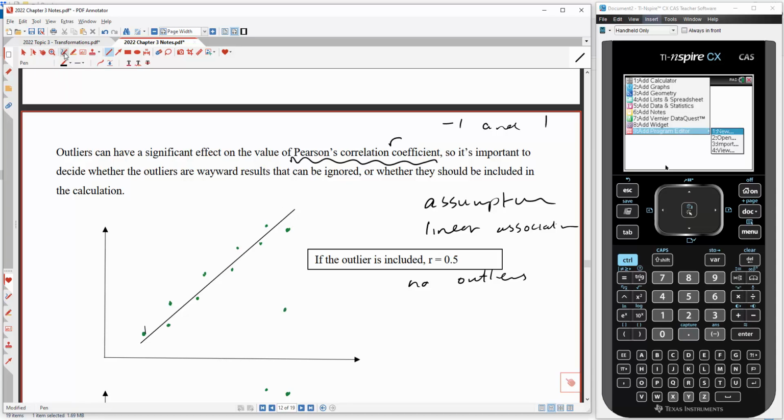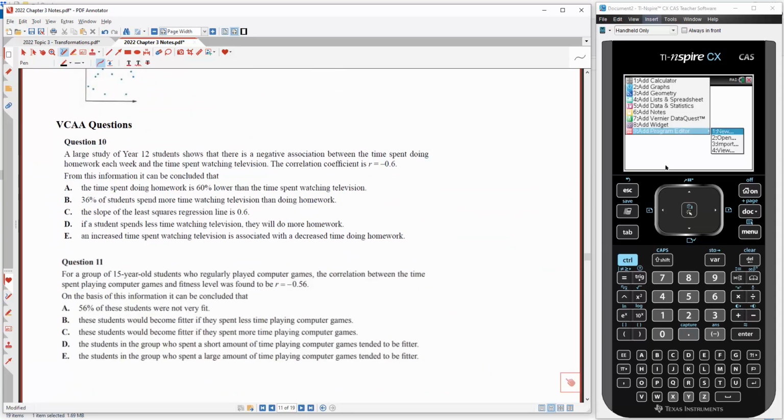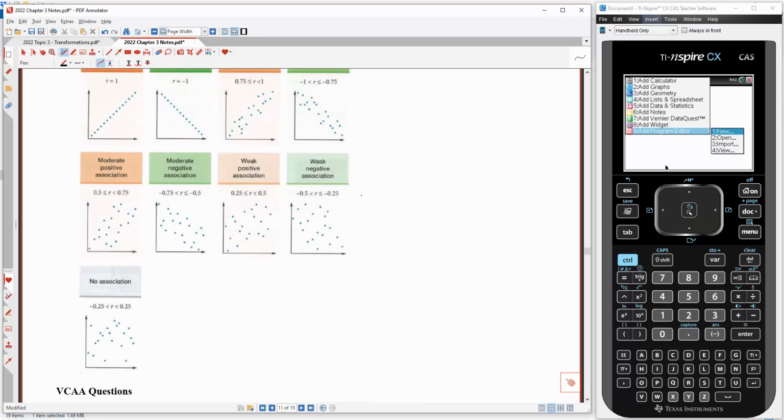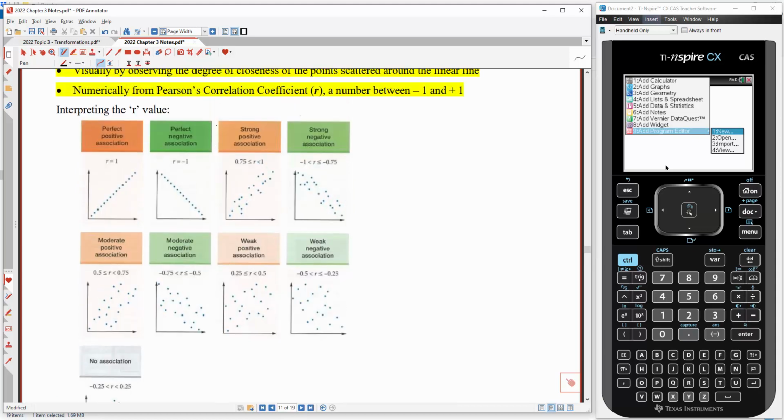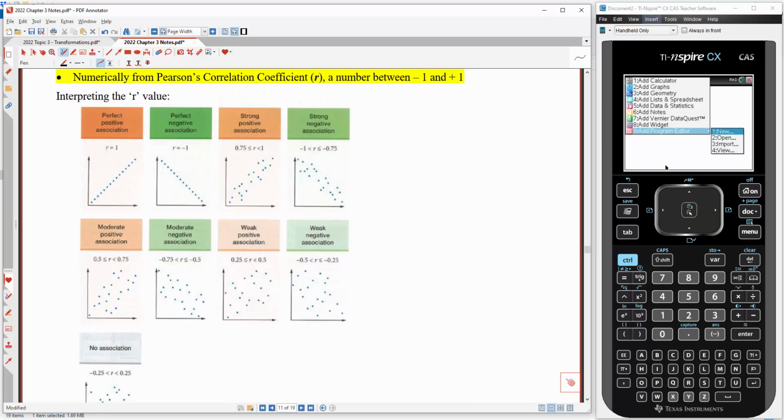And we can see that if we actually include this outlier in the calculation of Pearson's correlation coefficient, the R value is 0.5. And going back to these diagrams here, 0.5 is on the cusp, or on the border between weak and moderate. Officially it would be classified as moderate, I think.